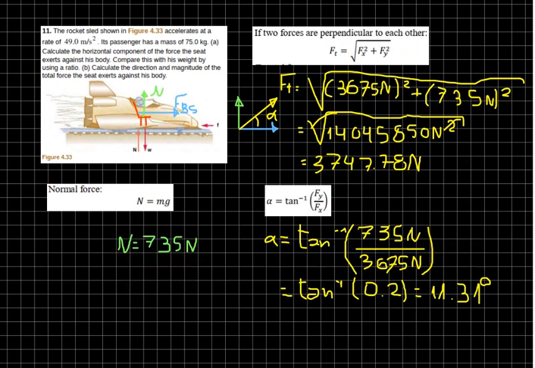And finally, to calculate the direction, we have to use the inverse of the tangent of the vertical force divided by the horizontal force. We have all of them, so we just divide and calculate the inverse of the tangent. That's all we have to do. And with that, we have finished the exercise.